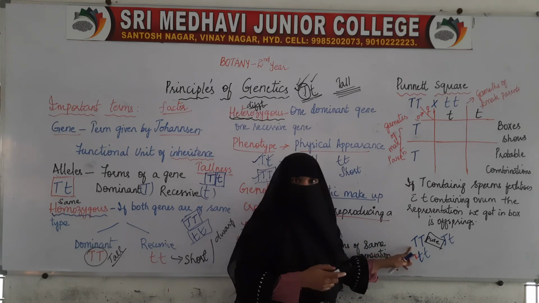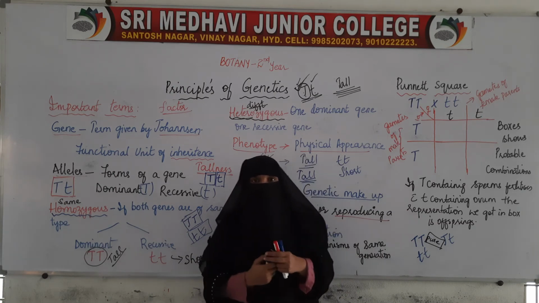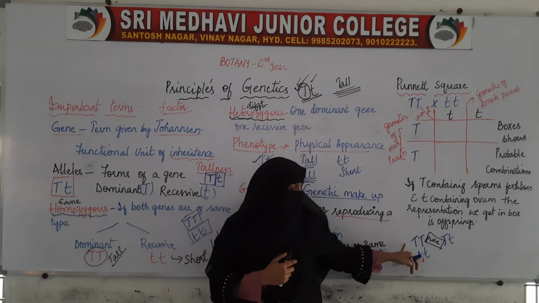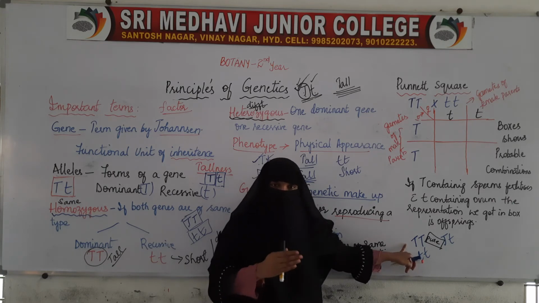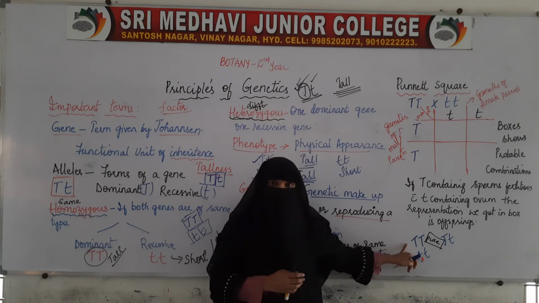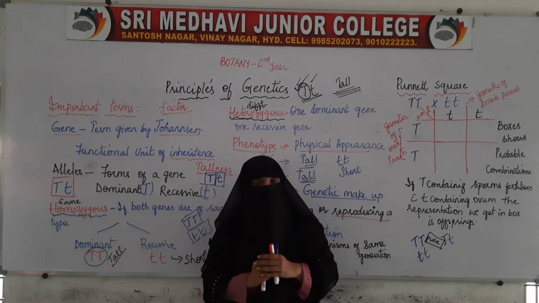For example, in order to reproduce a new human being, there will be a cross of gametes of male organisms and gametes of female organisms. They will fuse together and make a new organism.